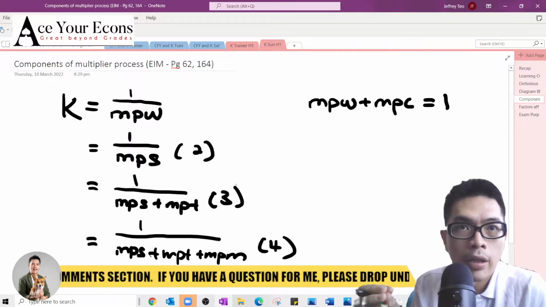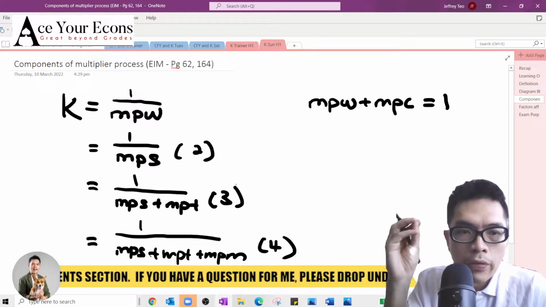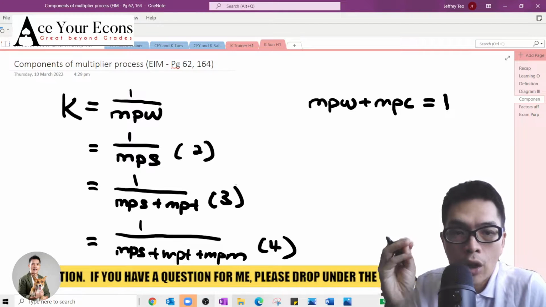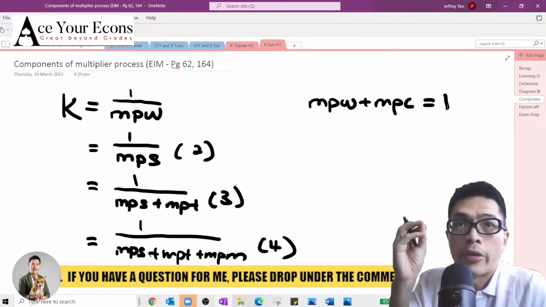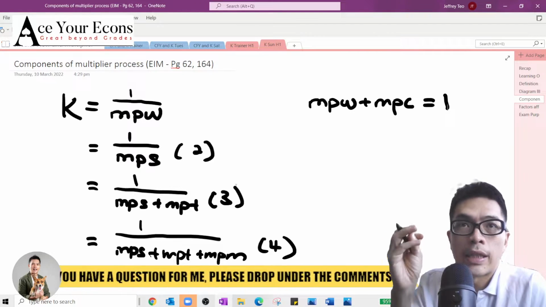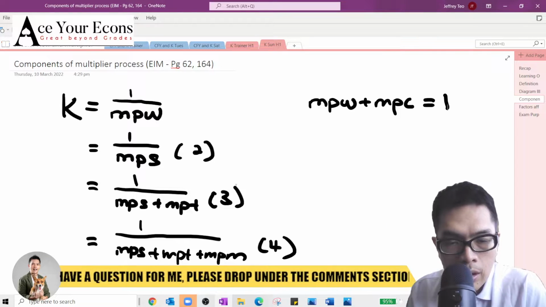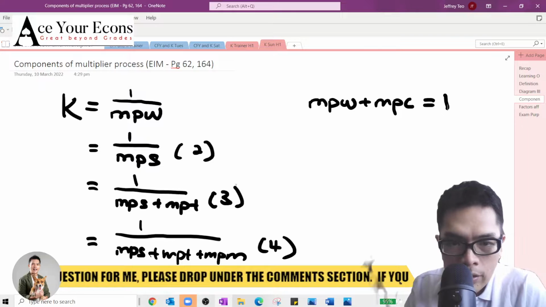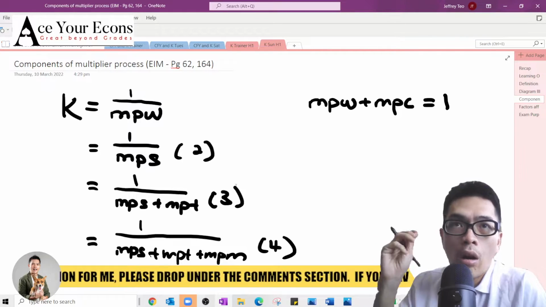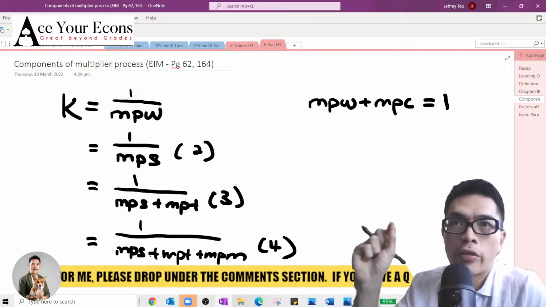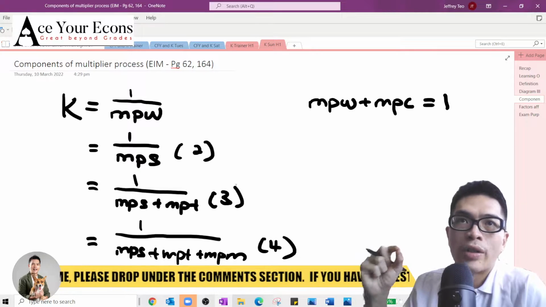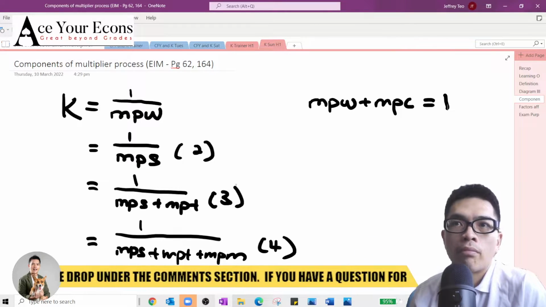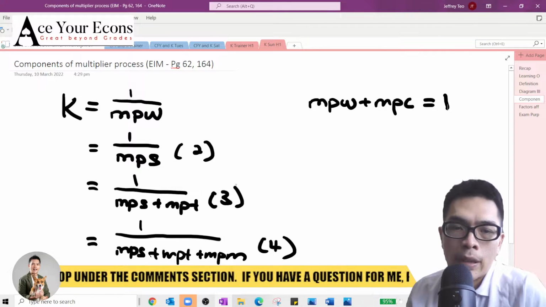Savings means whatever is not spent. When there is tax, it means that they are not spent. When there are imports, it means that they are not spent domestically. So all these are sources of withdrawals that will dampen or weaken the effect of respending. They will prevent respending from happening.